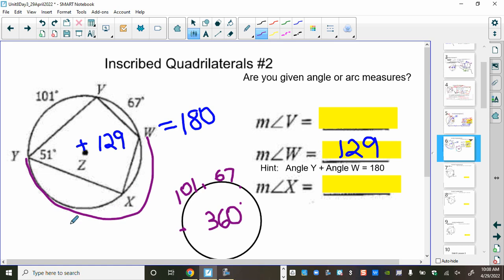To get the remaining arc that's over here, you have to take 360 minus, in this case, 168. The 168 comes from up here, the 101 plus 67.